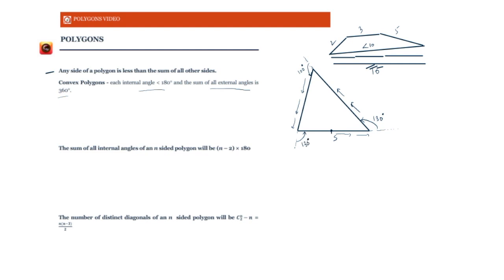Why am I sure that I turn by another 130 degrees over here? Because now I come back to my original point, which is S. Since I started at S, took some turns along the way and came back to S, the total angle is going to be 360 degrees. We know that the angle around a point is 360 degrees.